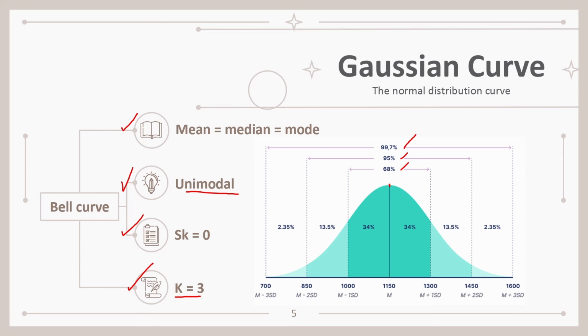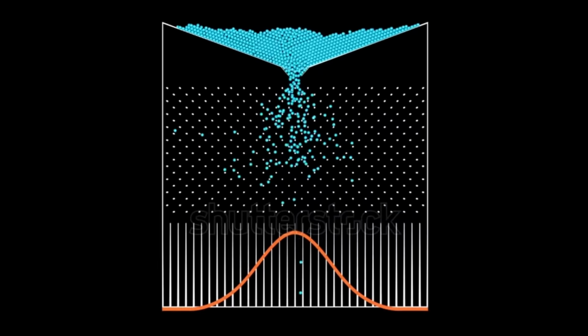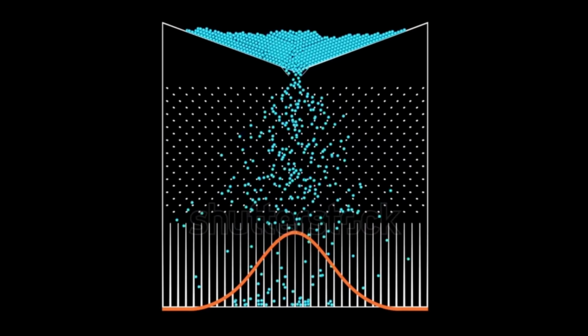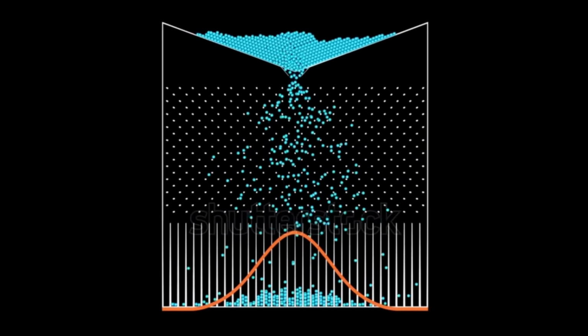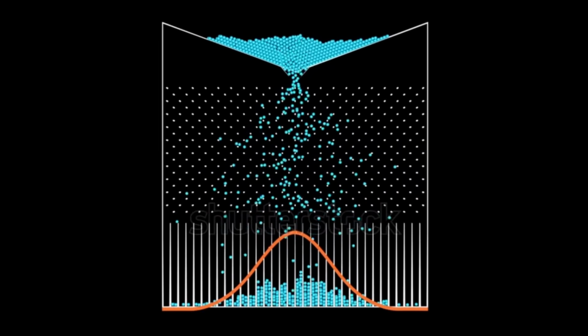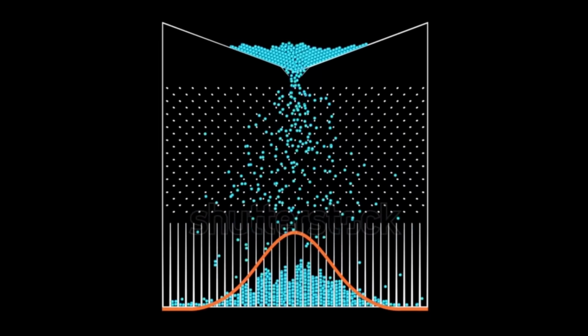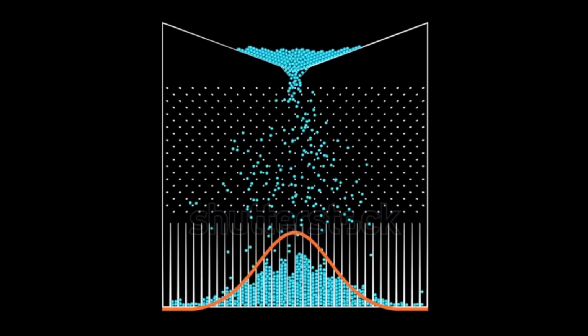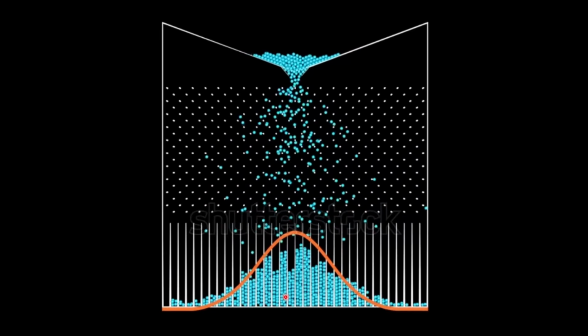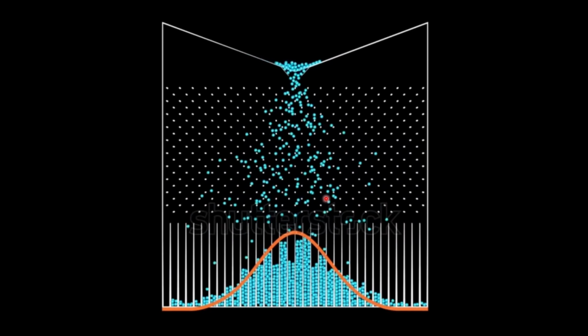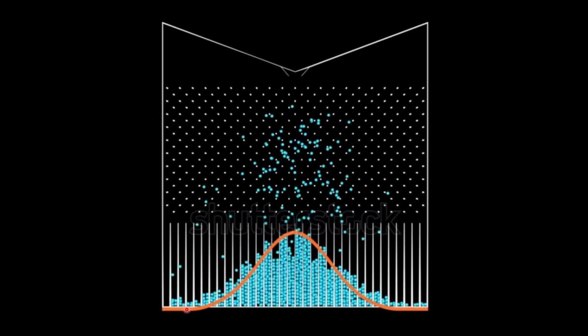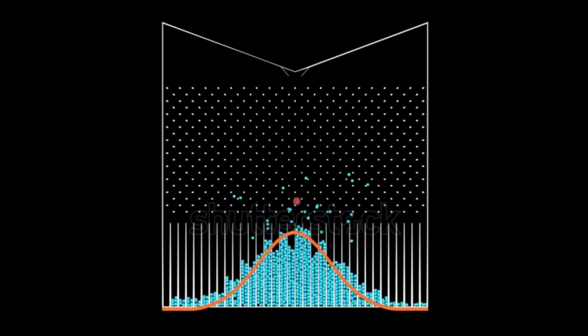Okay, and just to illustrate how observations tend to form the normal distribution curve, we have a sample video from Shutterstock. So in here, you're going to observe the many observations in a pachinko-like setup where the balls are all poured at the center, and eventually they're going to go down and fall within the slots down here. And eventually, as time goes on, they're going to form sort of a normal distribution with our observation.